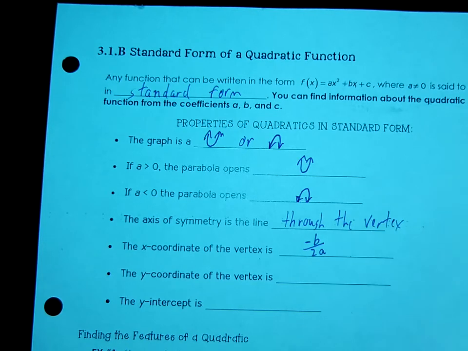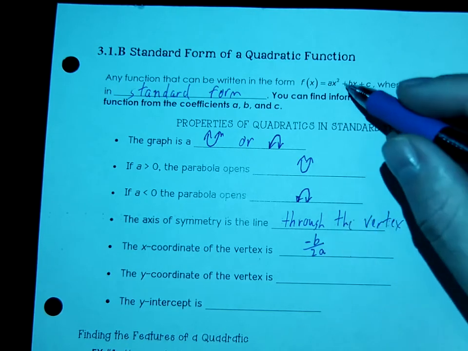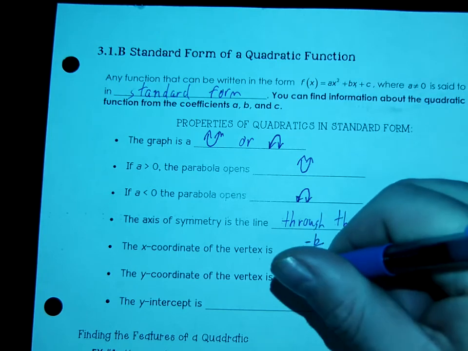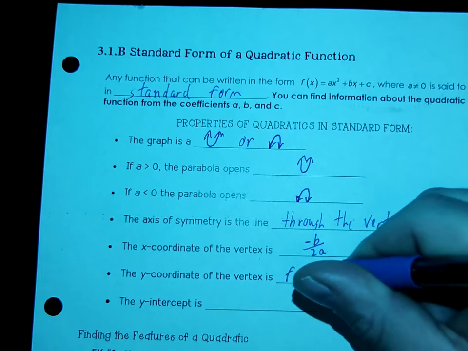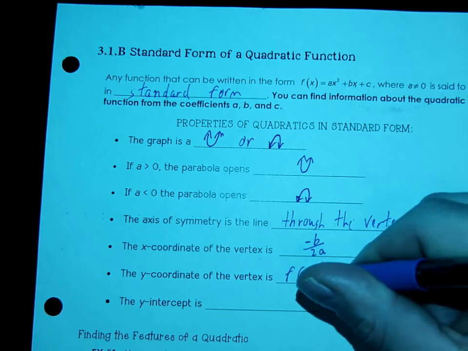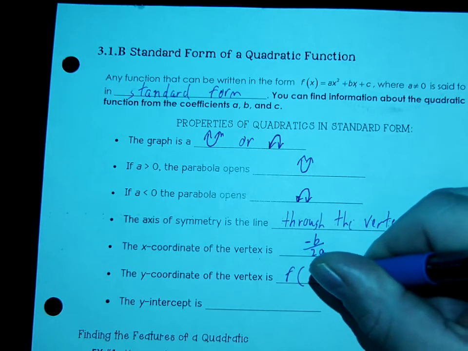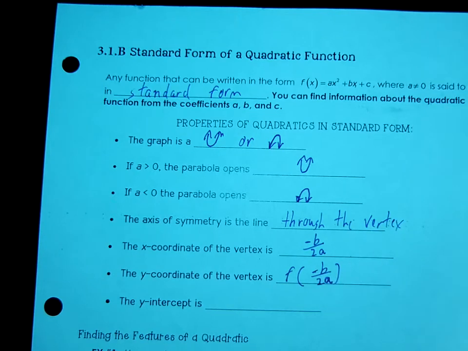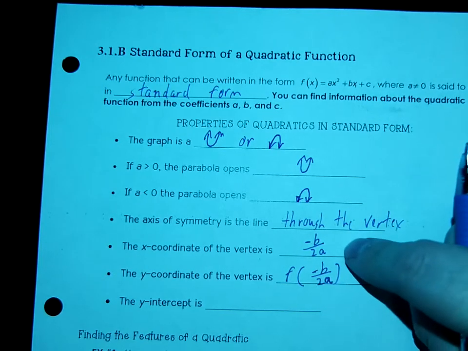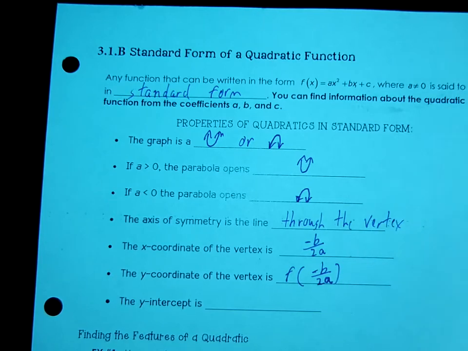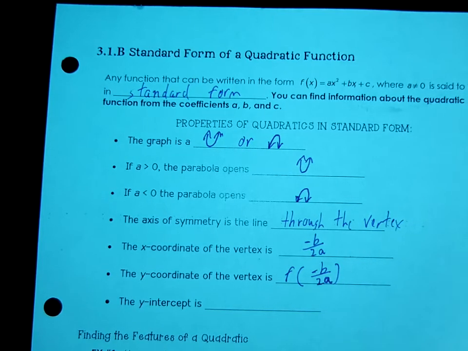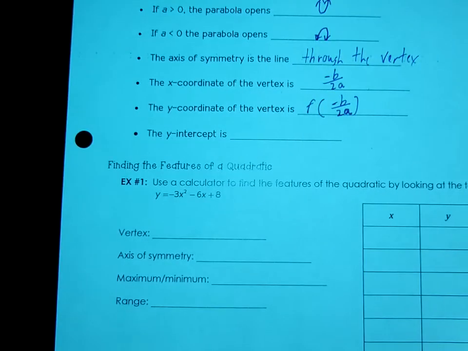To get the y coordinate, you put that back in for x. So the y coordinate of the vertex is f of opposite b over 2a. For this form, you find the x coordinate first, and then find the y coordinate by substituting that back in, like an input-output chart, which I have underneath here for our first example.